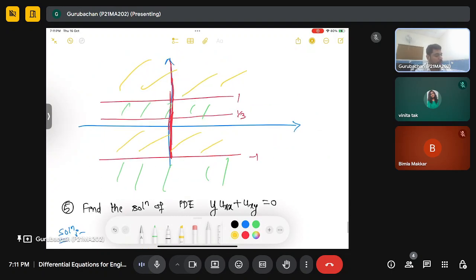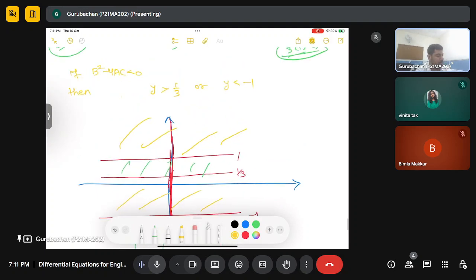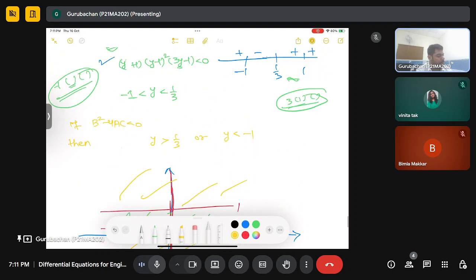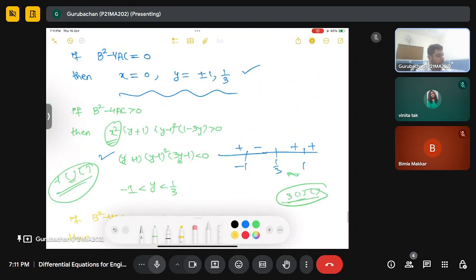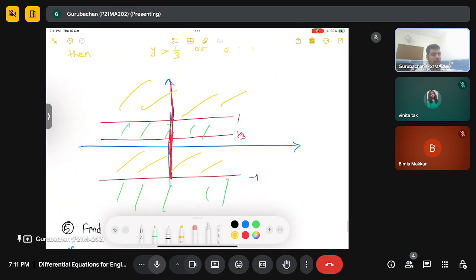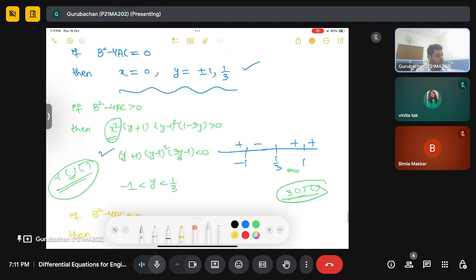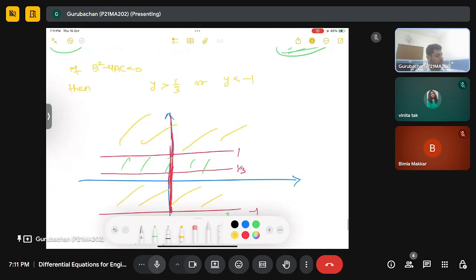Okay, so we just need to exclude 1. So the region will change a little. Between minus 1 to 1 by 3, this is hyperbolic, no problem. So hyperbolic we have drawn with green, so we should choose green color here. Let me just erase it.